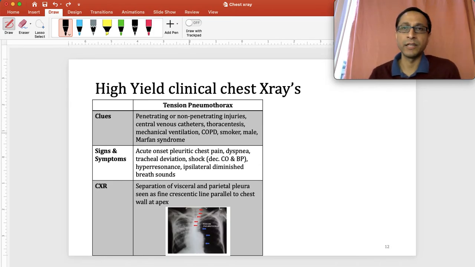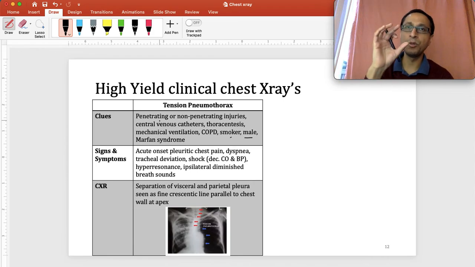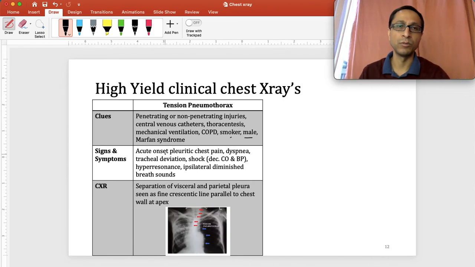So that makes us think of tension pneumothorax. COPD patients, chronic obstructive pulmonary disease, can also develop pneumothorax. Sometimes they could develop a spontaneous pneumothorax, and some of the clues might be a smoker or a male patient, or Marfan syndrome, because of the rupture of subpleural blebs.